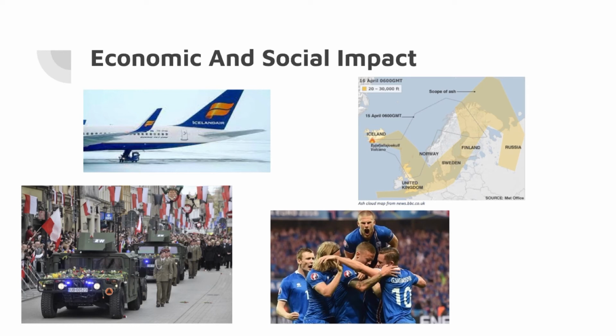And finally, the bottom right picture just represents the soccer team in Iceland. It just shows that a lot of sports and other popular activities, social events were canceled due to the ash clouds.